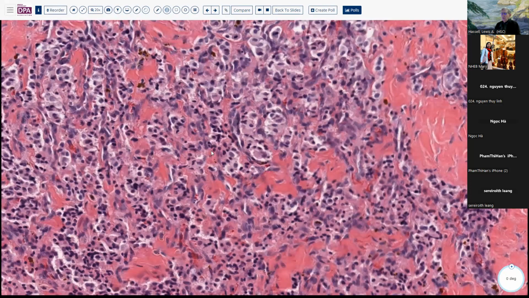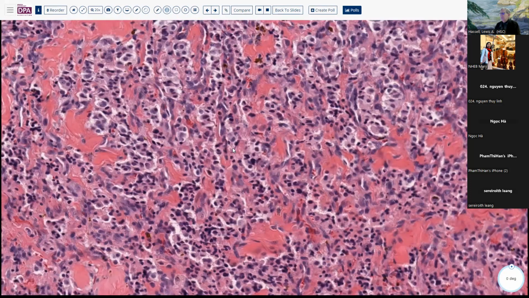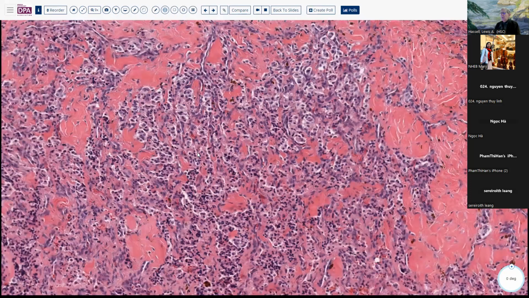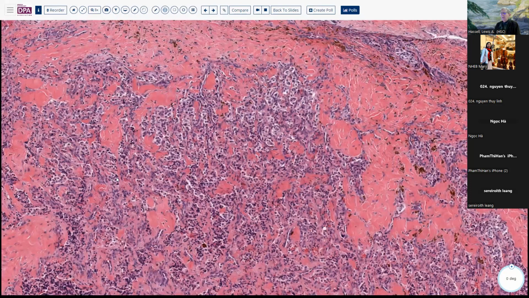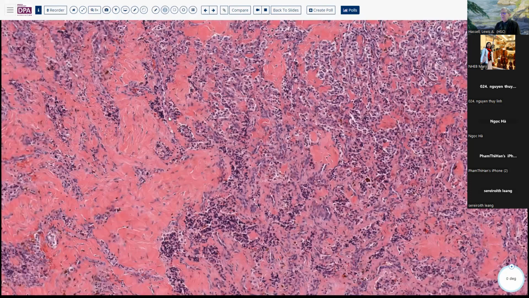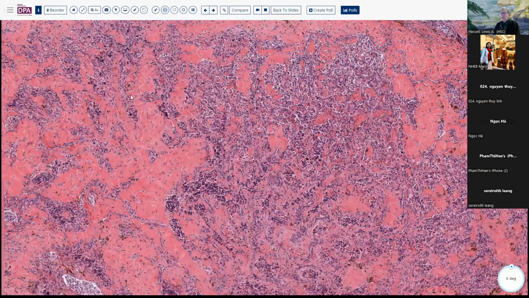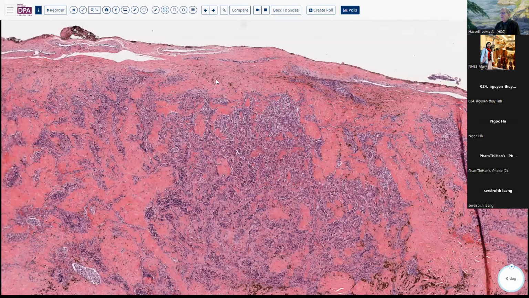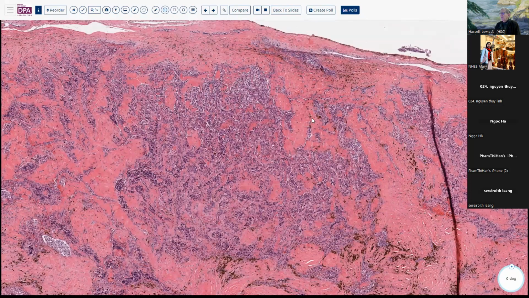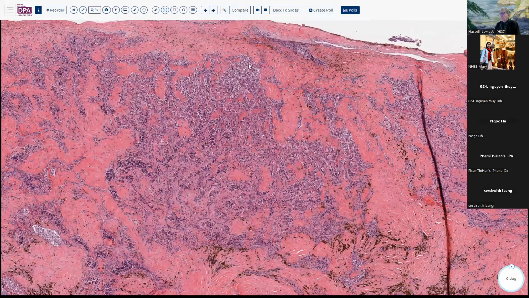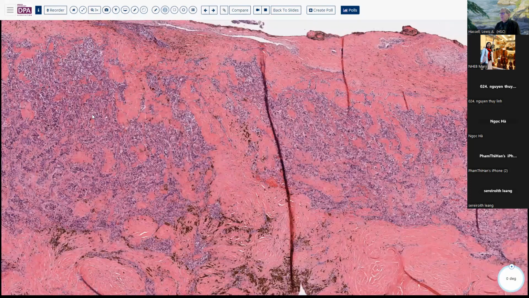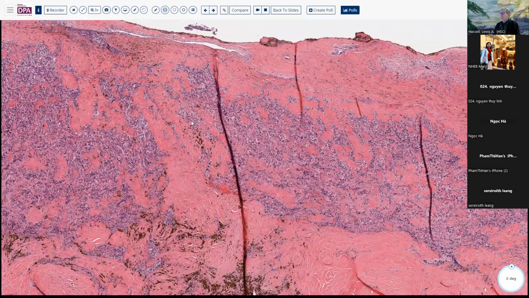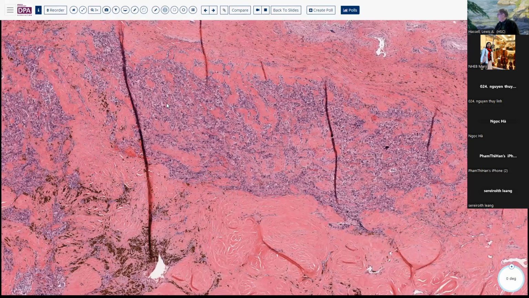So the German word is Zellballen, for cell balls, and obviously they can have a very hyalinized and fibrotic appearance, areas of hemorrhage, maybe unrelated to embolization. And you can see the example here.